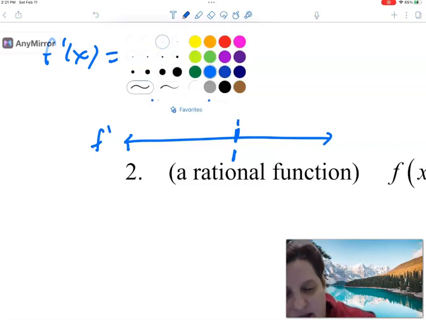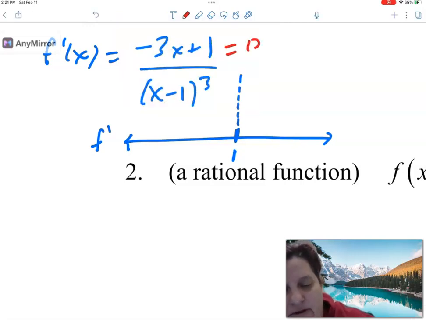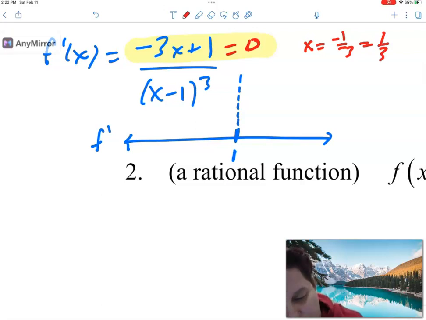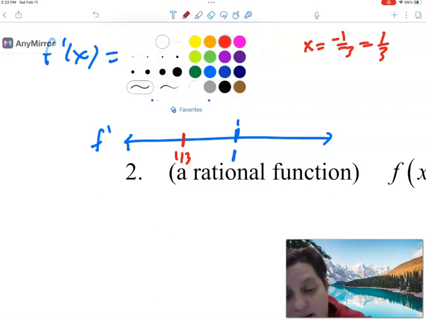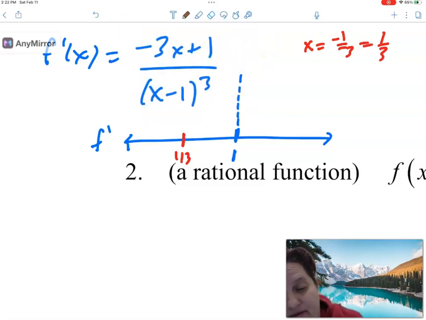Next thing is I find any critical points. Setting this equal to 0, the bottom is already 0 at that asymptote. If I set this derivative equal to 0, my critical point is at -1 over -3, which is just 1/3. Now I'm going to do some test points on my graph. If I plug in 0, I get a positive over a negative.